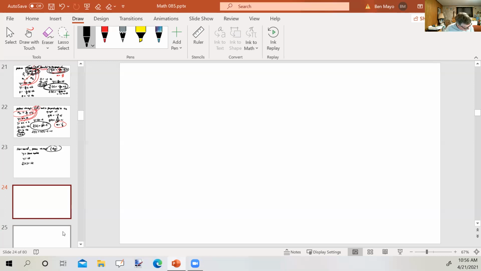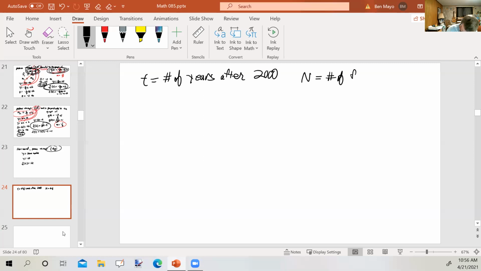It says, let T be the number of years after 2000. So T equals number of years after 2000, okay? And N is the number of full-time registered nurses needed in the US.